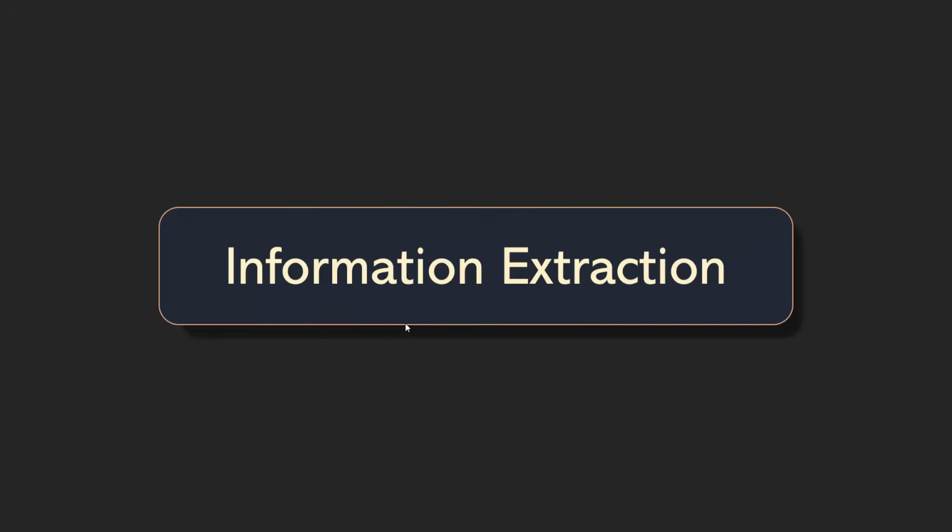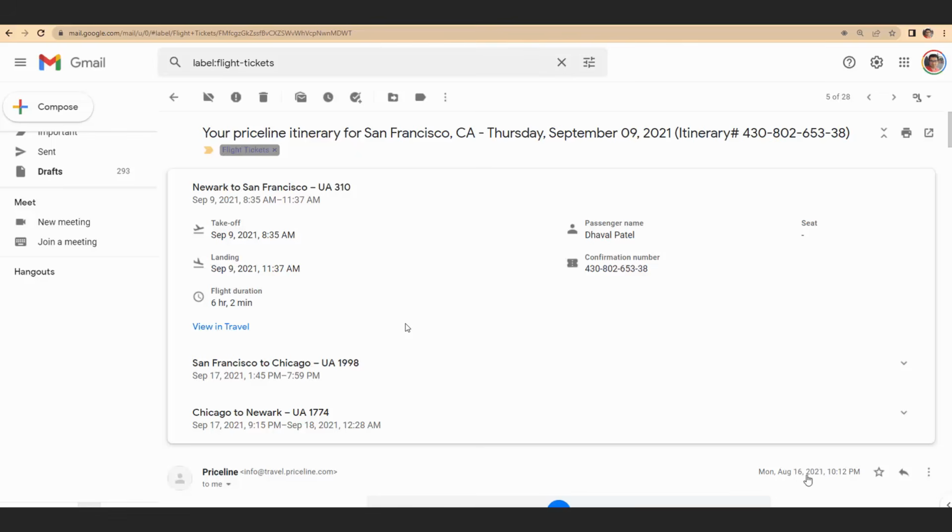All right, the next one is information extraction. So we already covered text similarity and text classification as two NLP tasks. The third NLP task is information extraction.